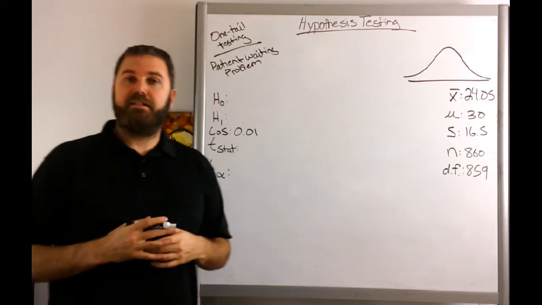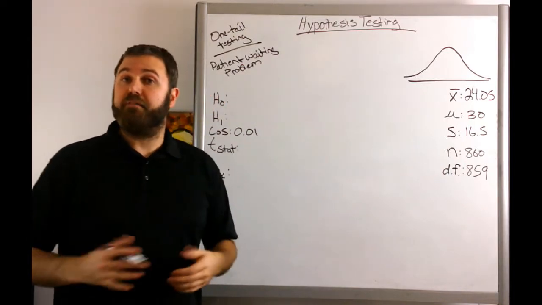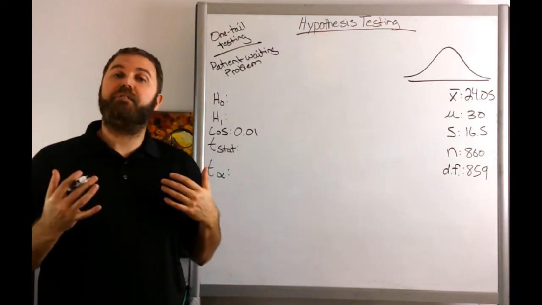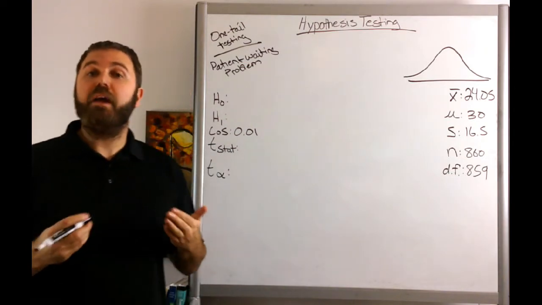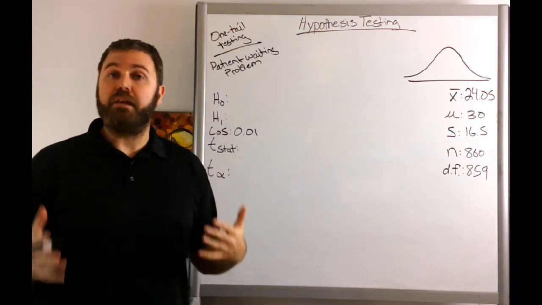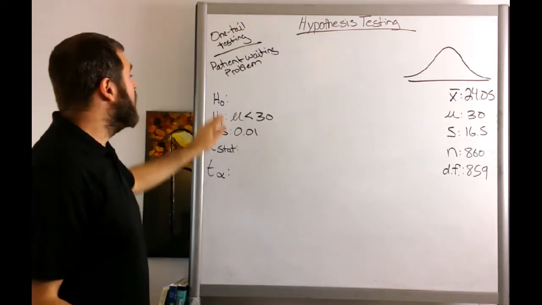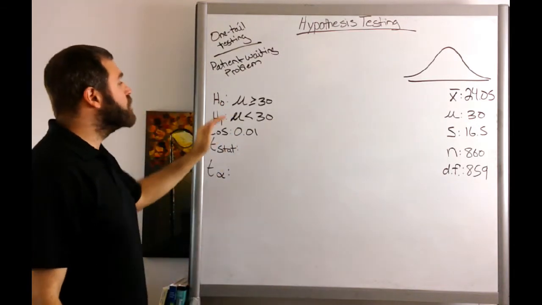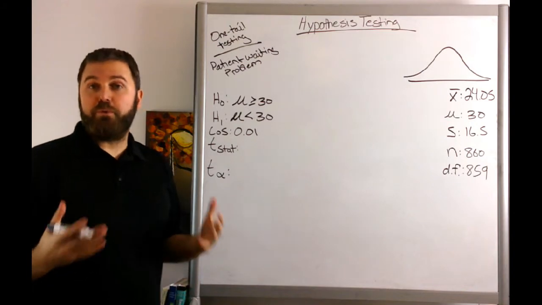Next we set up our alternative hypothesis. Because we want to determine if there's evidence that the mean population wait time is less than 30 minutes, that is going to be our H1. So our null hypothesis is that mu is greater than or equal to 30 minutes.